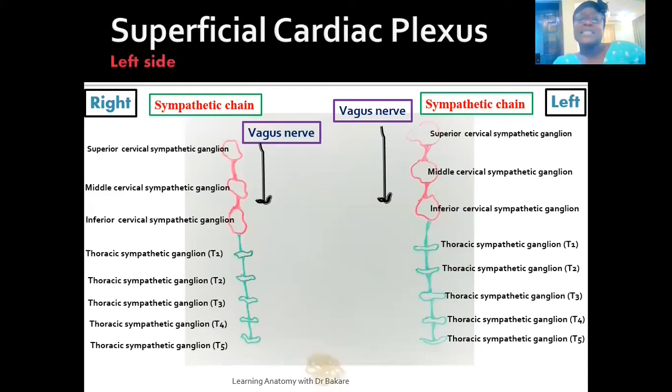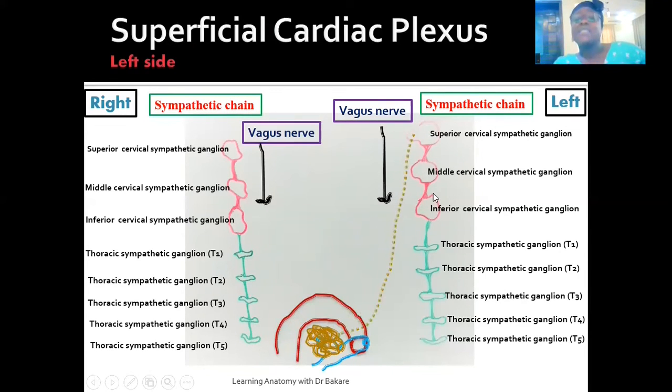So let's say this is the superficial cardiac plexus, and we say that it is located inferior to the arch of aorta and also anterior, or in front of, the right pulmonary artery. And this is what is established here in this image. Going back to how the superficial cardiac plexus is formed, it is going to be receiving branches from the superior cervical sympathetic ganglion on the left. You can see that we have this configuration of sympathetic chain on the left.